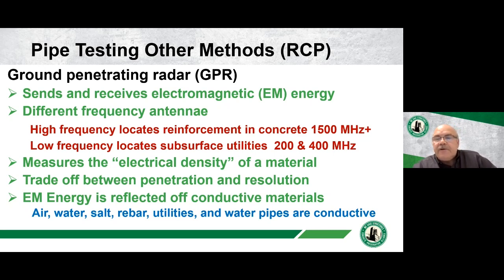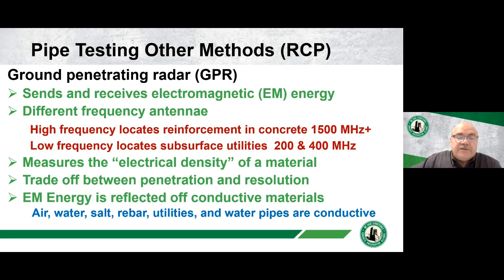That's the 200 megahertz, 400 megahertz. GPR tries to measure basically the electrical density of a certain material by having that energy be reflected off of it. There's always a bit of a trade-off between resolution of the GPR data and the penetration of that energy.